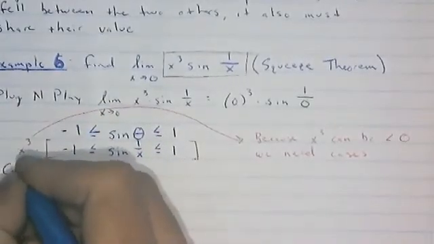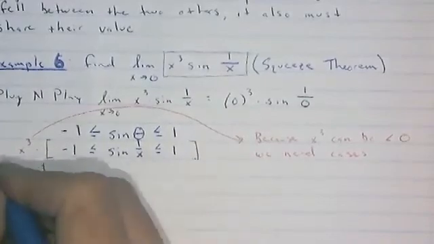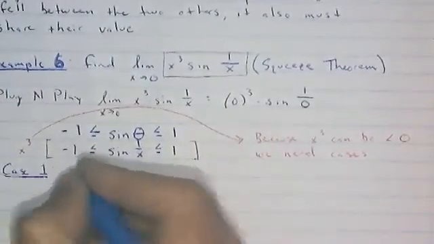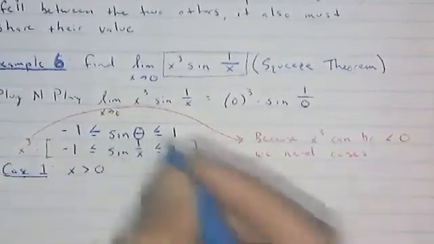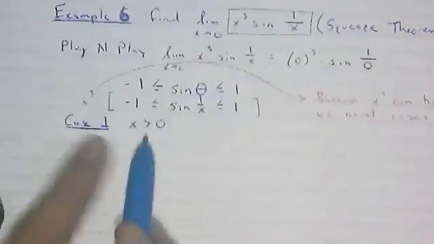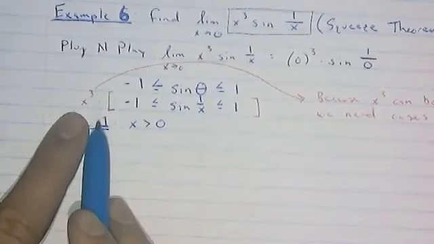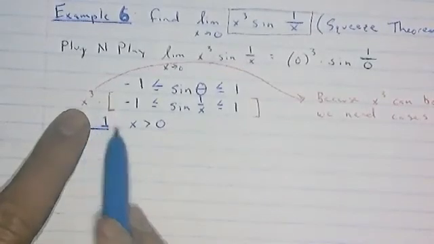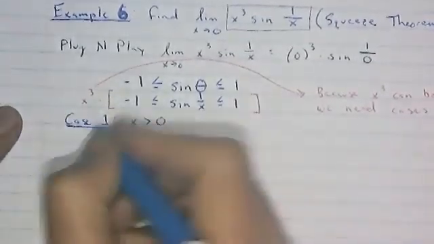So, case 1, we'll do the easy way first. If x is greater than 0, then what is x cubed? Positive. So we can do our multiplication without worrying.